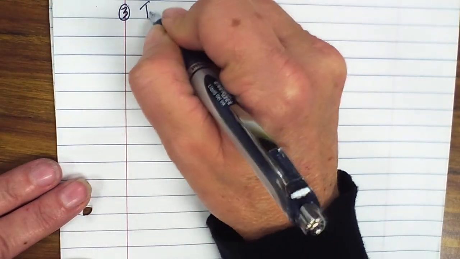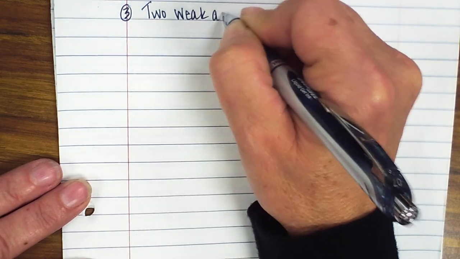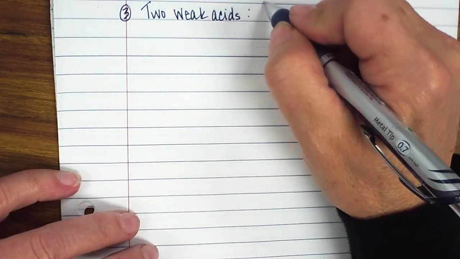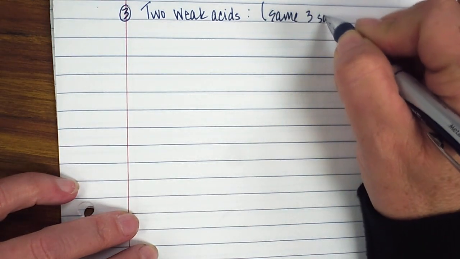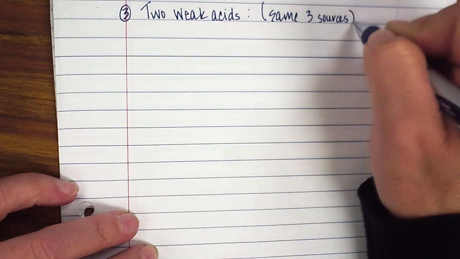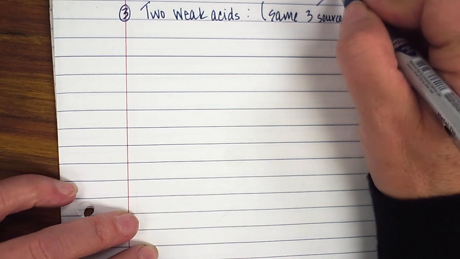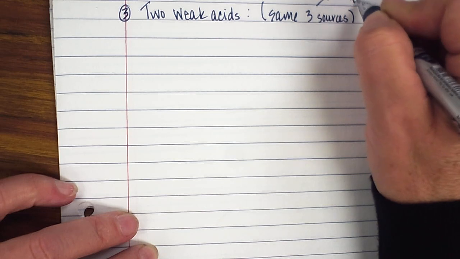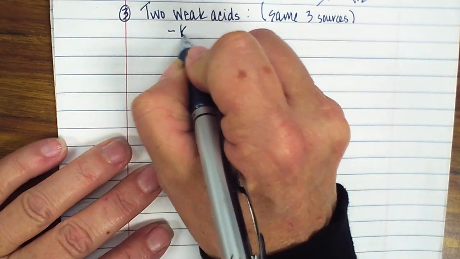2 weak acids. So we still have the same 3 sources as before. Those 3 sources are the 2 acids plus water. Those are the sources, all right? So the Kas have to differ.